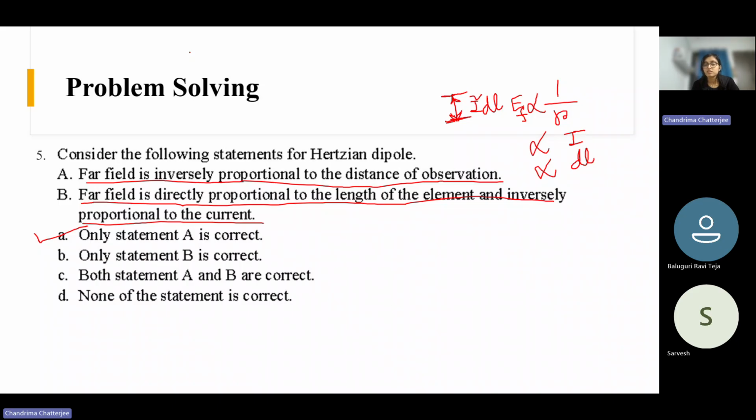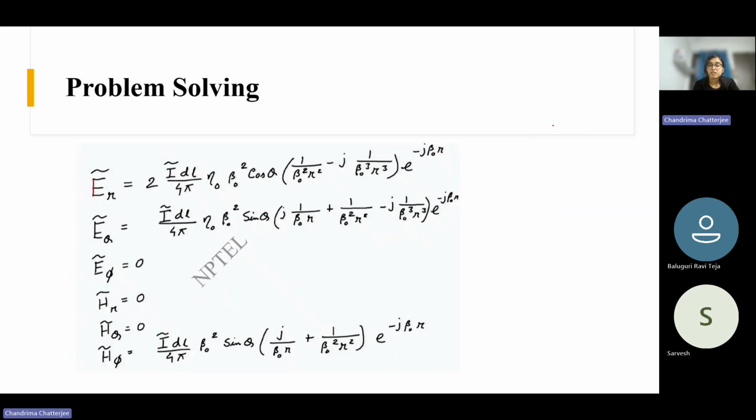That's why we talk about far field, where we can segregate the electric field and magnetic field just due to radiation.